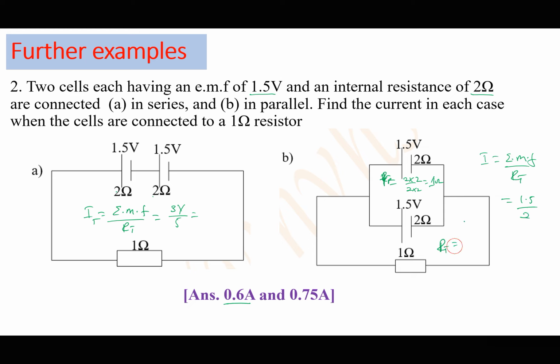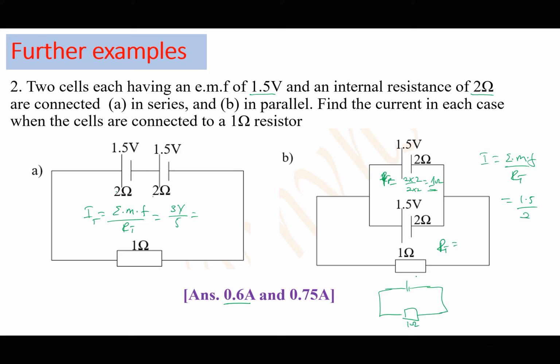R total will be the effective internal resistance, which is 1, plus the external resistance, because it will be like one cell whose internal resistance is 1 ohm, but in series with 1 ohm. So if I redraw this circuit, I'll have one cell joined to a resistor of 1 ohm. This is 1 ohm.